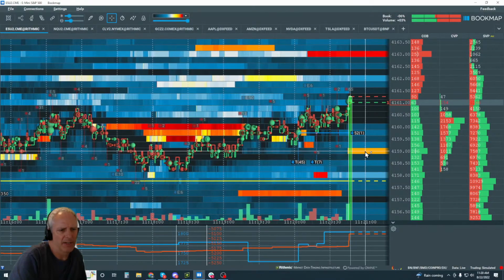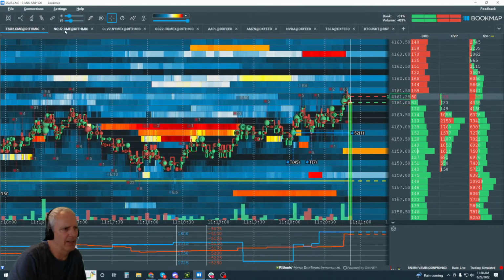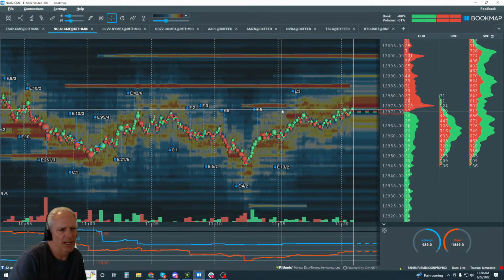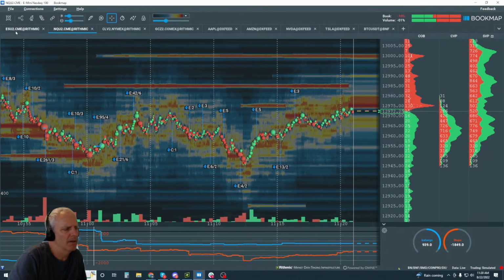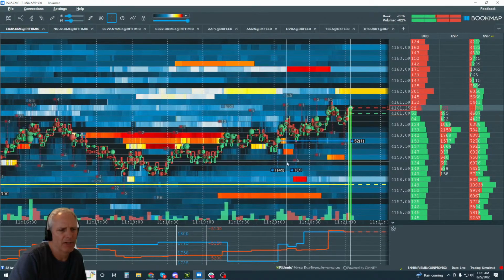There we go. See that right there helps, and we also know the NASDAQ is likely doing it, and it is, but it's not so strong here on the NASDAQ either. But 62, looking for a 62.